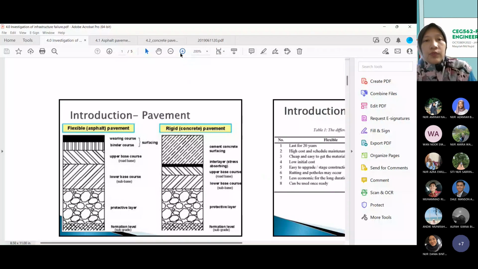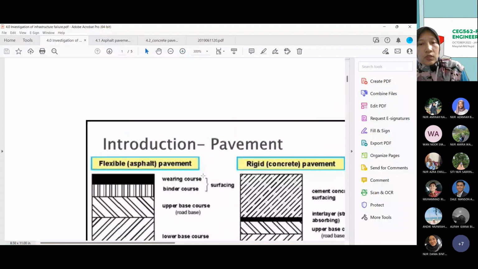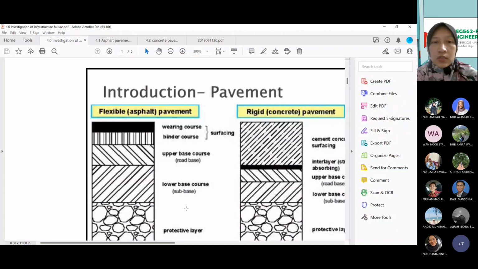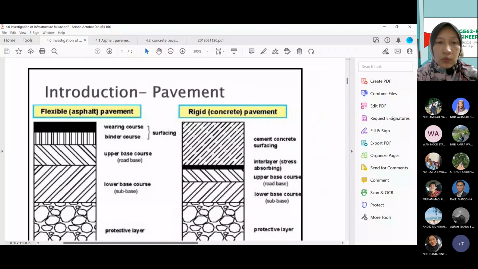Okay, just briefly in order to differentiate between these two types of pavements, for the first one, we can say on part of the material itself and also the structure of the pavement. So the layering, the thickness, and how we have it in terms of the flexible pavement and also the rigid pavement.